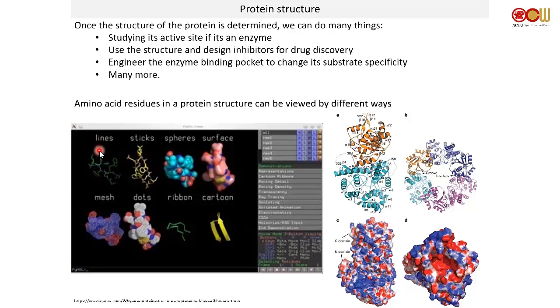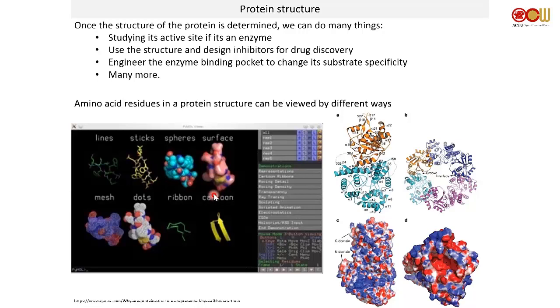So there are many different ways that you represent protein structures. For example, you can have lines, sticks, spheres, surfaces, mesh that looks at electron density, dots, ribbons, and cartoons. These are different ways that you can look at your protein structure.